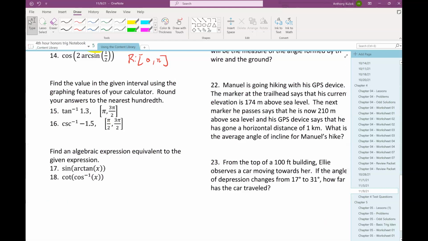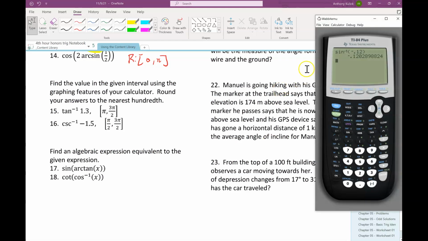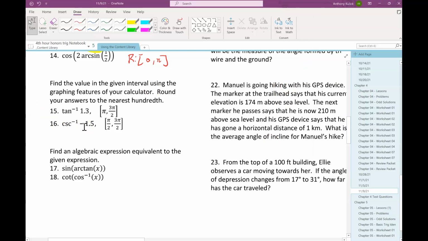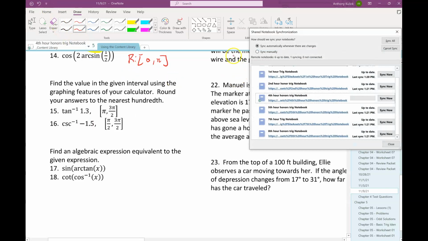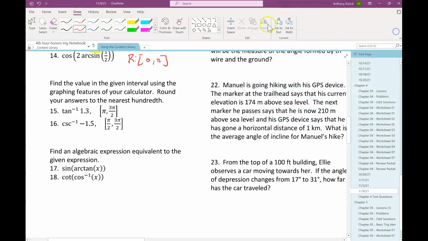So this is a purely calculator question. So really what I'm going to do here, goodness, come on. So what we have is theta equals cosecant inverse of negative 1.5, right?